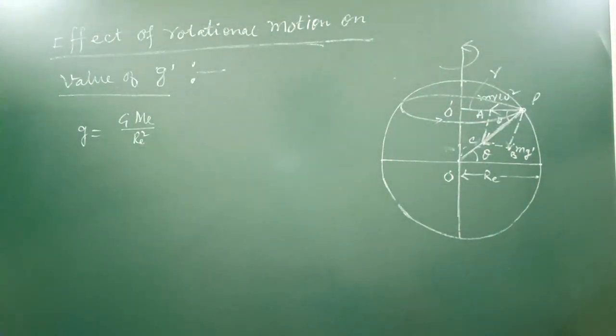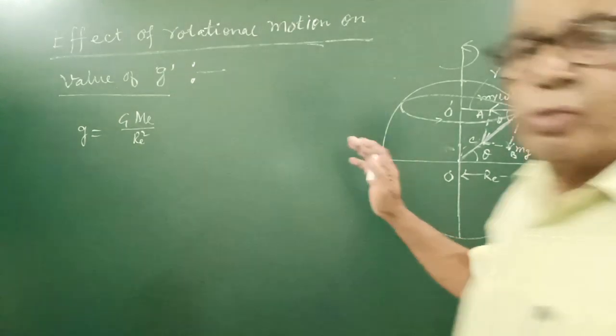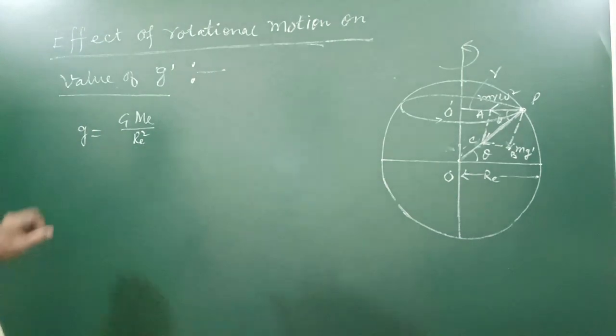So this is the value of g on a surface. So I told you that the value of g on the surface is this.